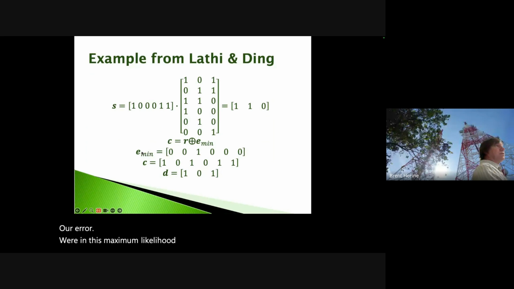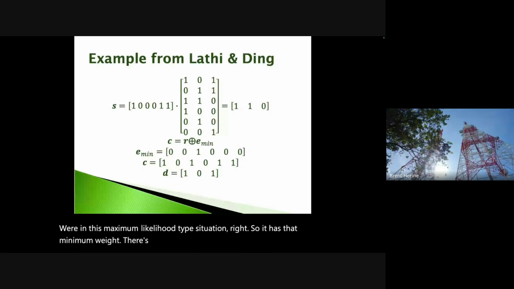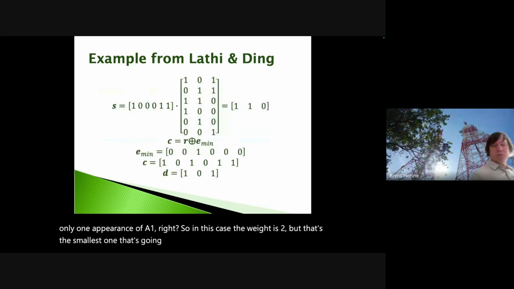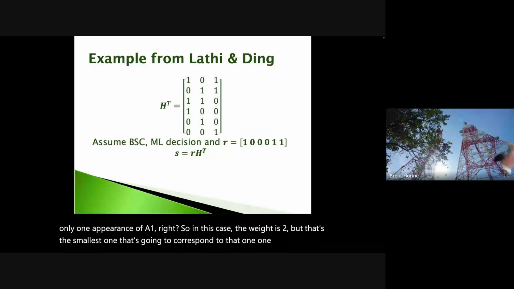It has that minimum weight. The weight of this vector is 1 because there's only one appearance of a 1. In this case, the weight is 2, but that's the smallest one that's going to correspond to that 1, 1, 1.